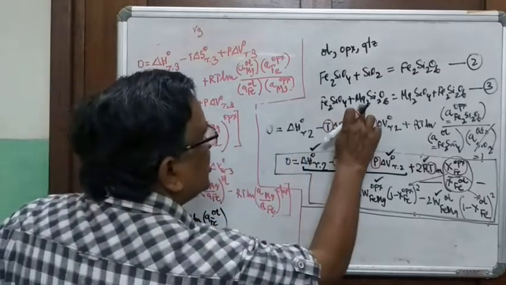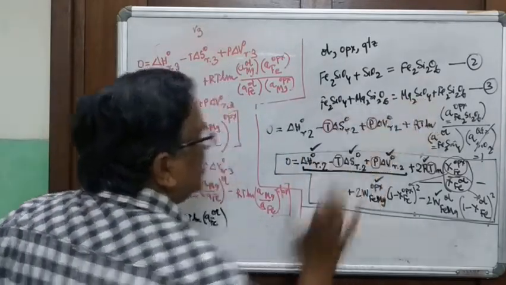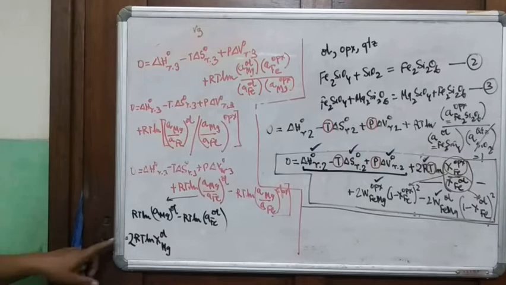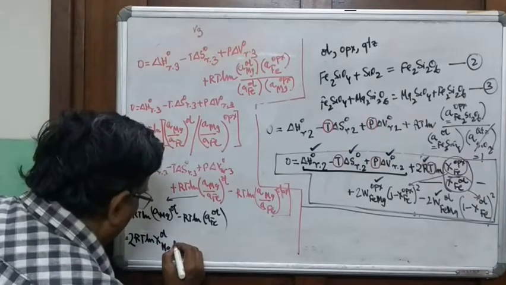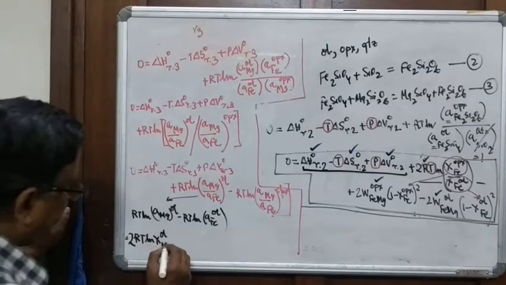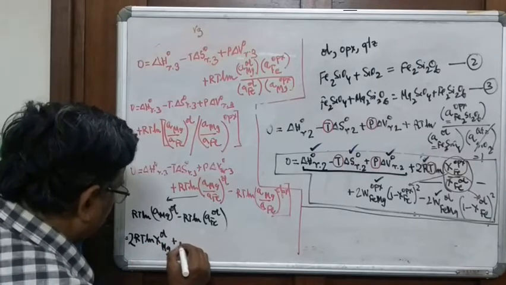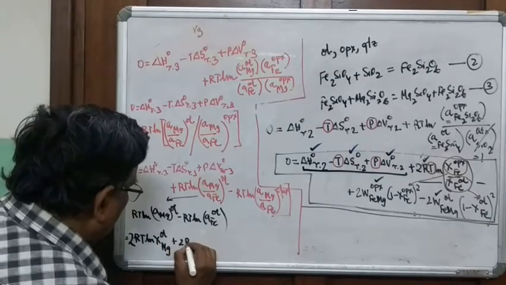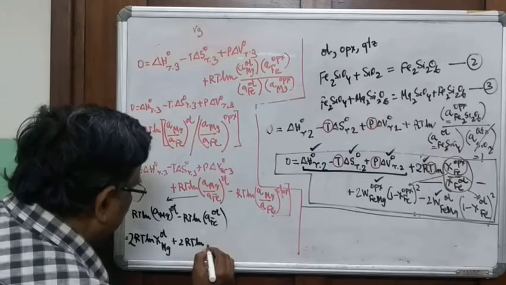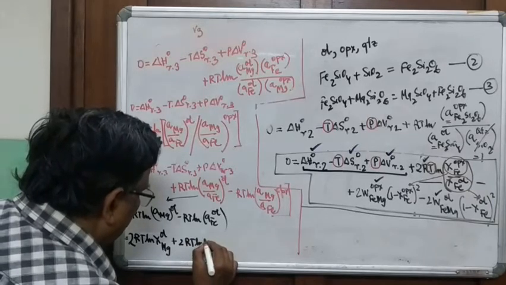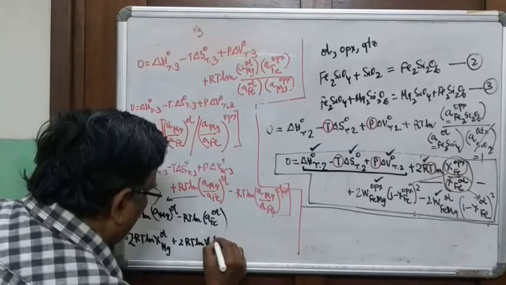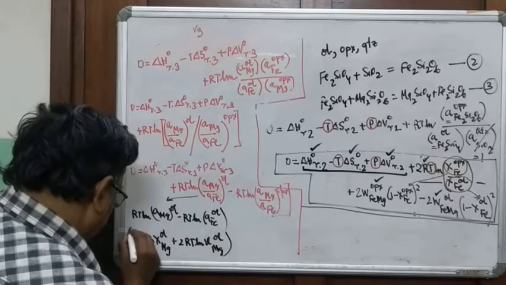Because Mg and Fe are mixing on two sides. So RT ln XMg olivine plus 2RT ln gamma Mg olivine. This is one term.